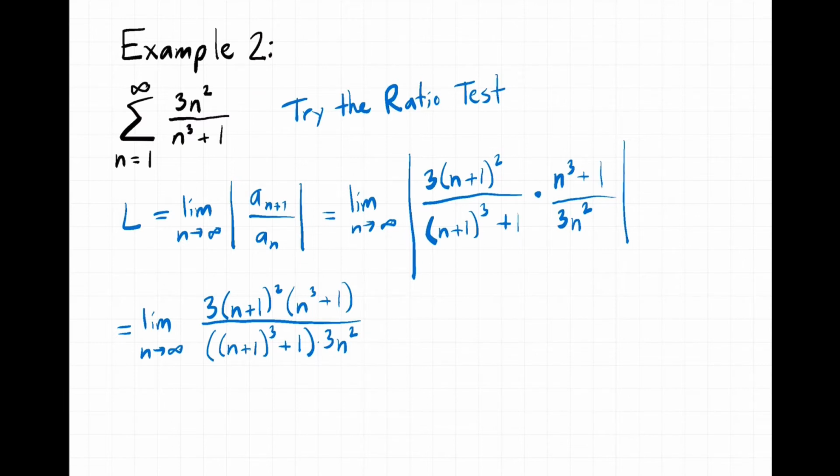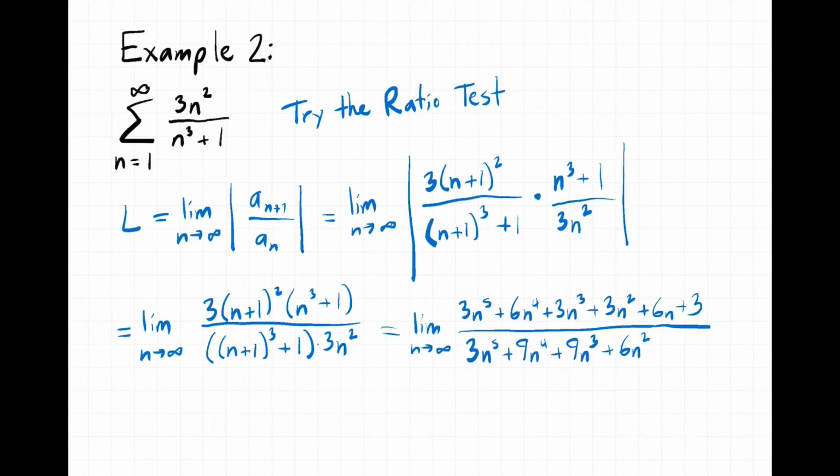So, we just have a rational function here, a polynomial over a polynomial. I'm not going to waste your time and mine showing you the steps of how to multiply these by hand, and we'll just write out the answer. If we expand these polynomials on the top and bottom out, we'll end up with 3n to the 5th plus 6n to the 4th, and so on, on the top, and another 3n to the 5th, etc. on the bottom.